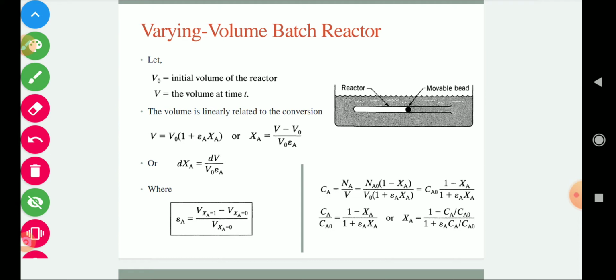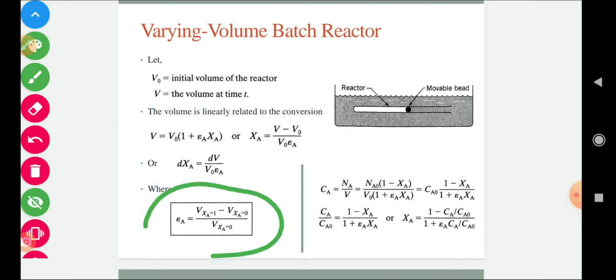If the volume is linearly related to conversion, then V is equal to V naught times 1 plus epsilon A XA, or XA is equal to V minus V naught over V naught times epsilon A. If we differentiate this equation, then dXA equals dV upon V0 epsilon A. Now what is epsilon?